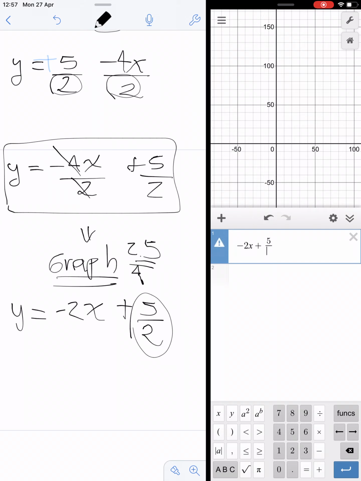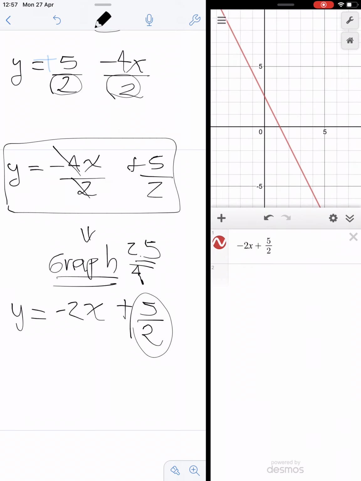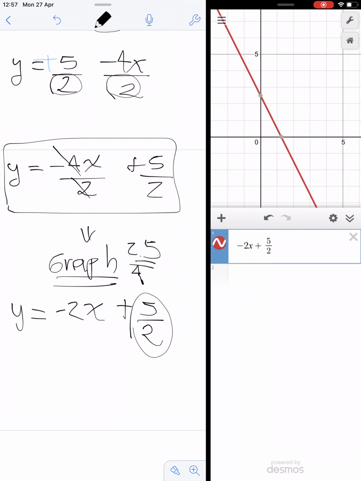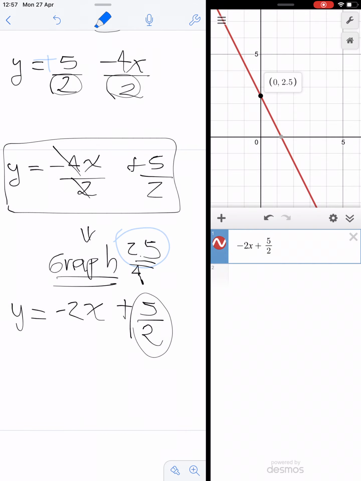Okay, and then you will have our expression with the current point, that is the y-intercept, which is 2.5 or 5 divided by 2. We will also have our x-intercept, but in this video we only need to focus on how to organize the expression in slope-intercept form.